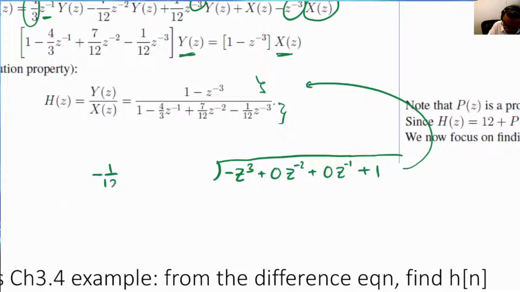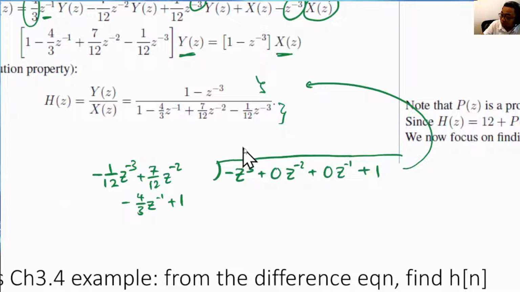So -1/12 z^-3 + 7/12 z^-2 - 4/3 z^-1 + 1. So we are trying to divide this term with this term over here, which is the denominator. We are writing it backwards because we are putting the highest negative power in front.